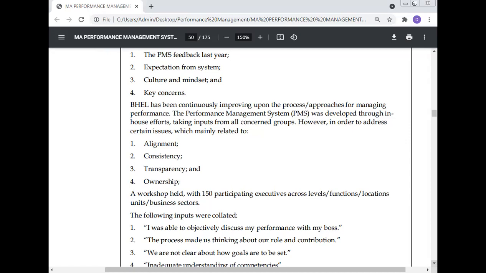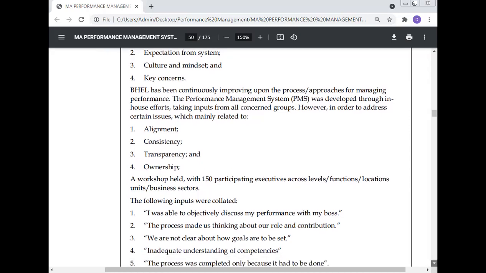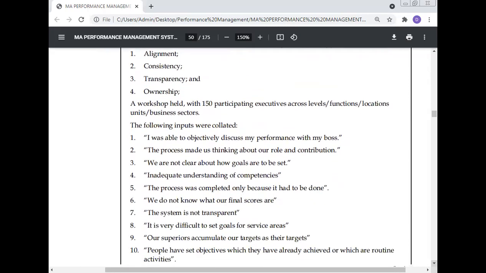However, in order to address certain issues, mainly related to alignment, consistency, transparency, and ownership, a workshop was held with 150 participating executives across levels, functions, locations, units, and business sectors. The following inputs were collated.